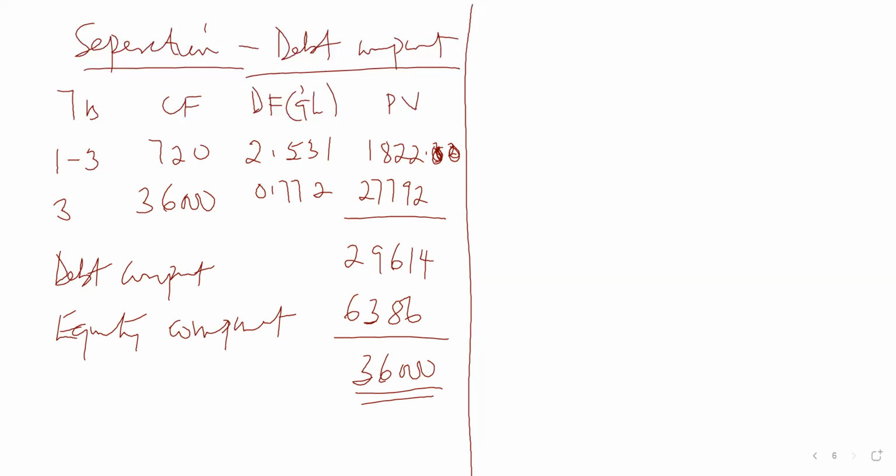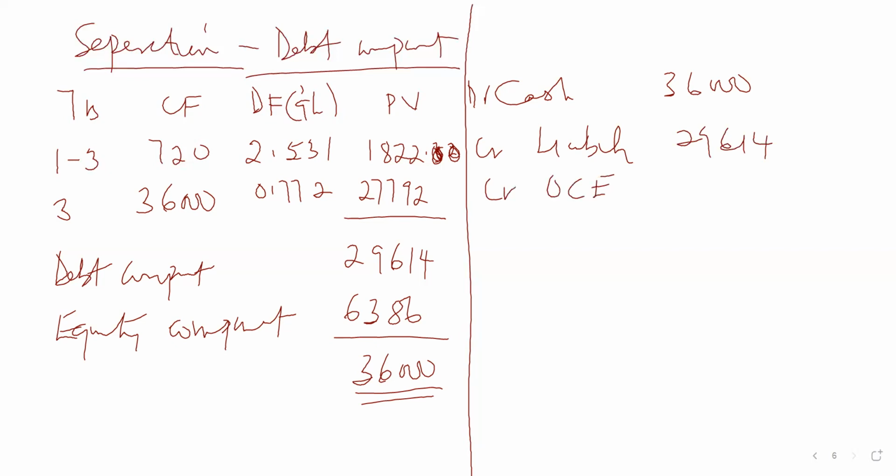So the actual thing should have been: you debit cash of 36,000, then you credit liability of 29614, then you credit other component of equity 6386. Okay, so you can see that correctly they have debited the cash.